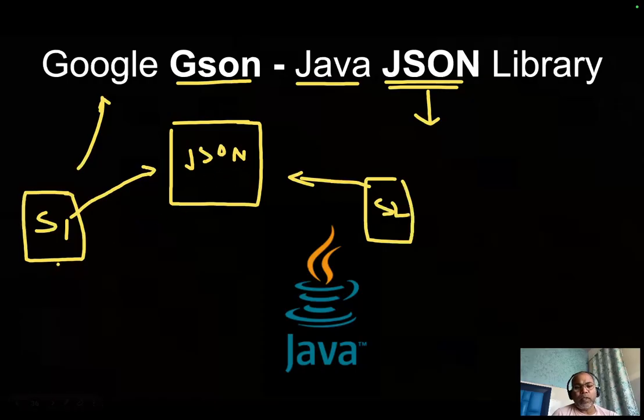So our application is required to generate JSON, and this application is required to parse and read JSON. Gson, a Google library, helps us perform all of these operations, read JSON, write JSON, parse JSON, in a very simplified way. So let's look at an example so that we can understand.